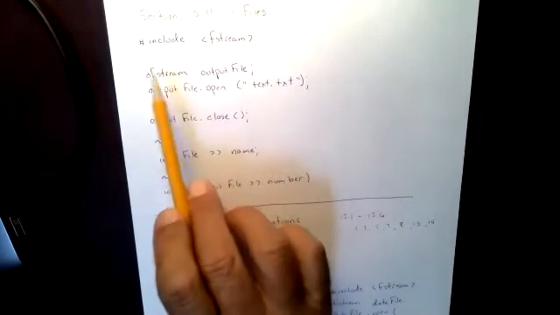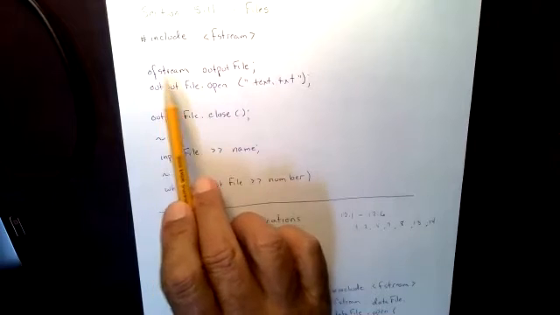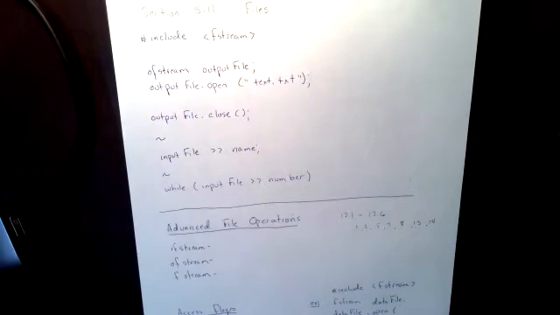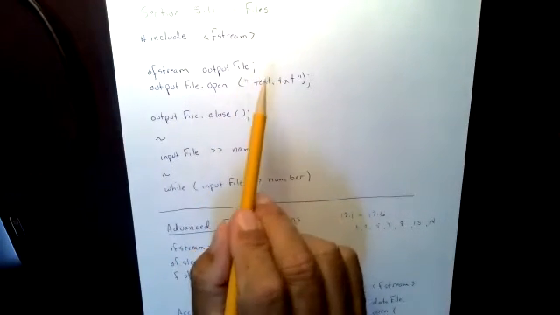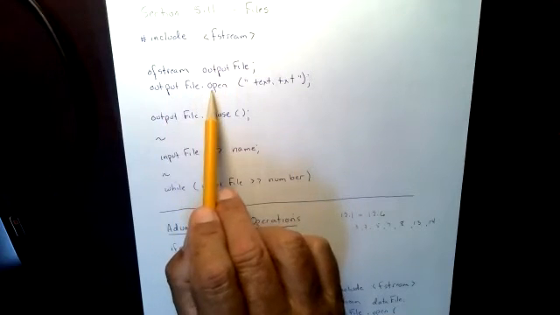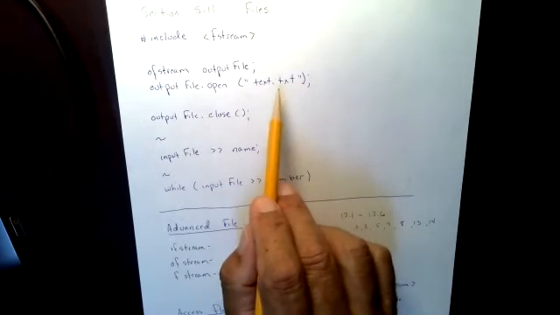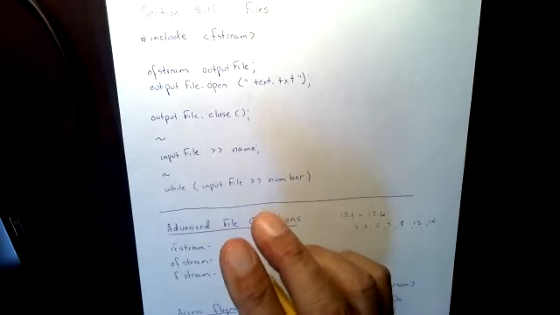All right, so once I have my pound include, a couple of reminders. I had ofstream output file. The "of" was for output. Once I came up with the name output file, I used it and said outputfile.open. So here's my connection with some file, in this case text.txt.